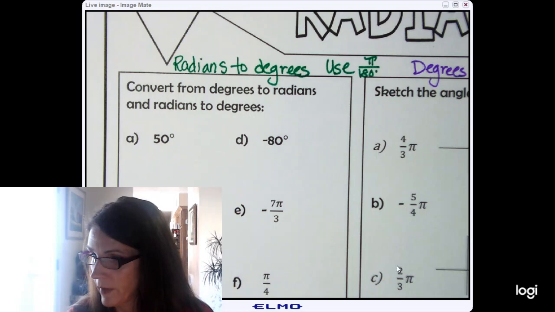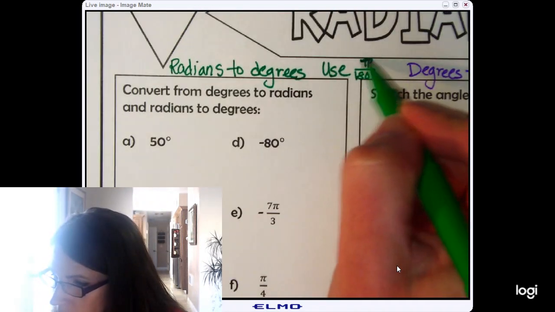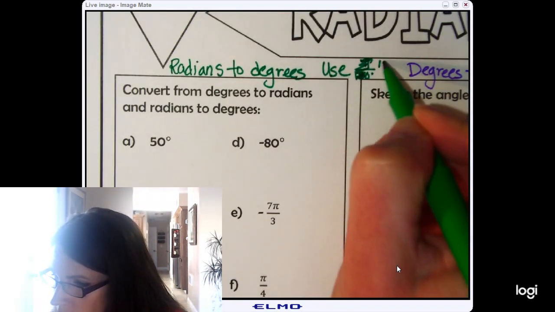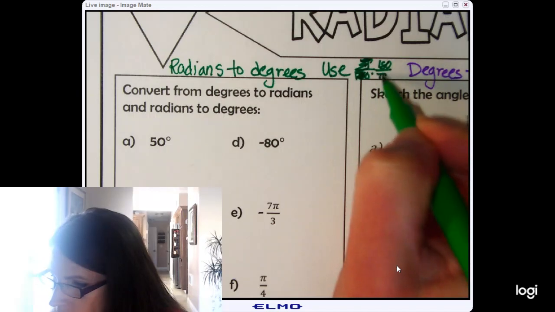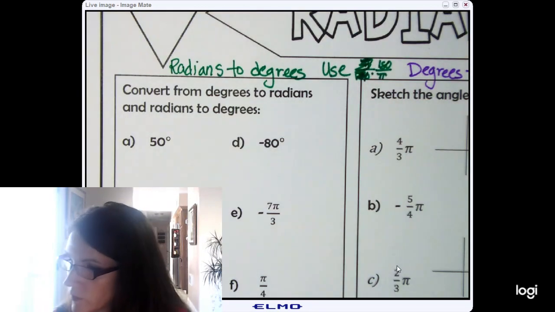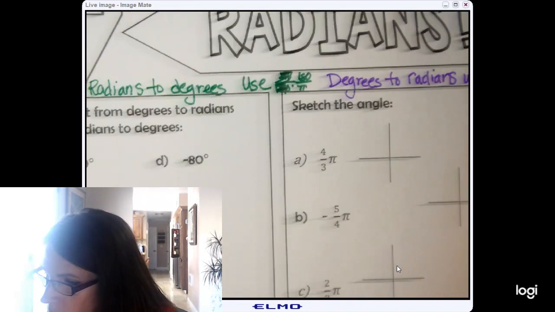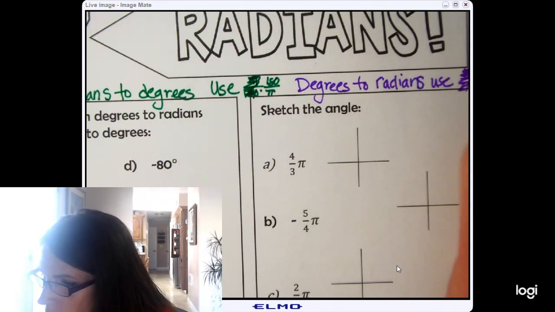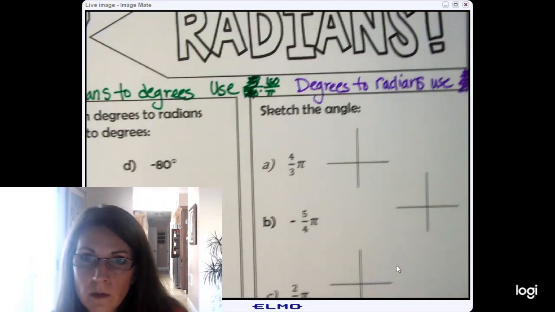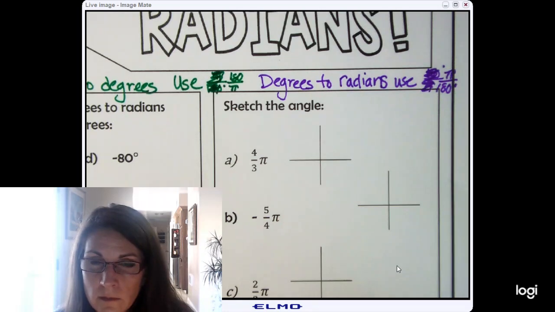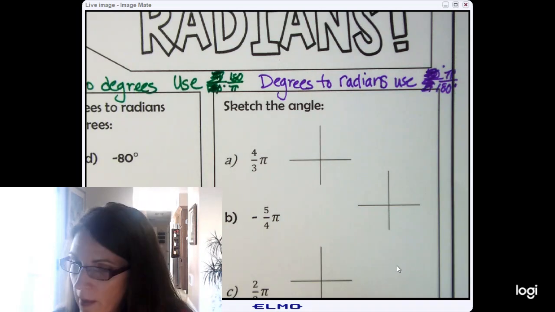Pause there because I got that backwards. So let's see. This one is 180 over pi. Chalk it up to nerves of being on the camera. This one is pi over 180. Sorry about that. Look at what I've done there. I just had them backwards.